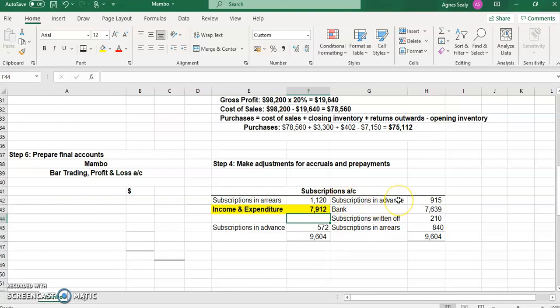Add your subscriptions in advance at the beginning. Subtract your subscriptions in advance at the end. And add your subscriptions in arrears at the end, and also add your subscriptions written off as well, and it would give you the $7,912. So let's look now at our rent.